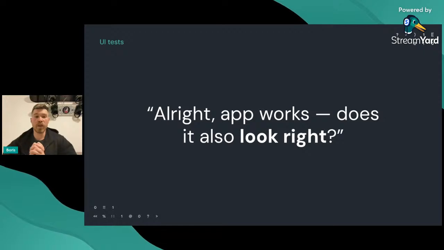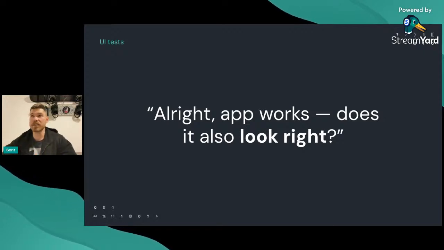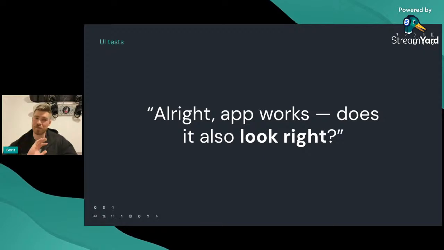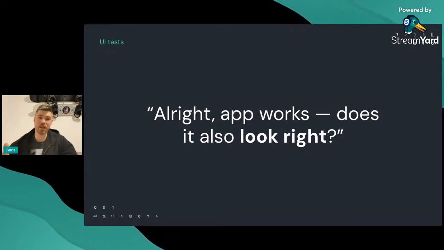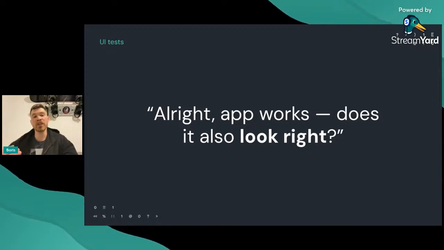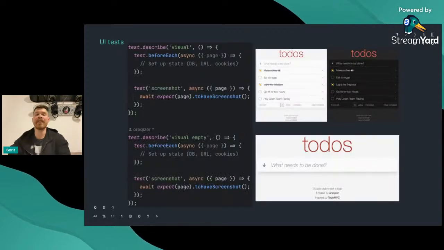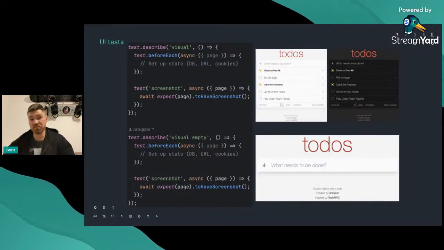All right, we have checked whether our application works. Thing is that if you just slap HTML without any styling on your page and run these tests, they would probably work. We also need to check whether your application looks right. And that is done using screenshot tests.